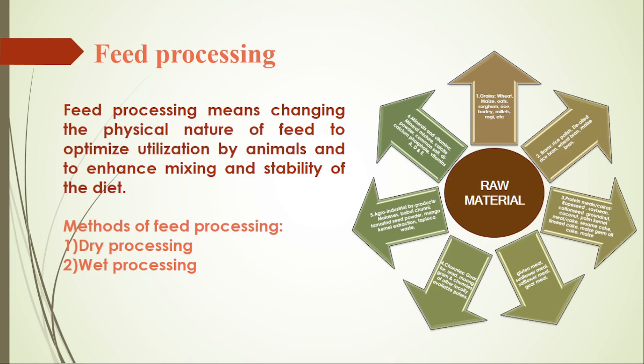So these are the richest sources of protein and these are used for feed processing to make pellets and other processed feed. Then in gluten meal we use sunflower, safflower meal and gourd meal.